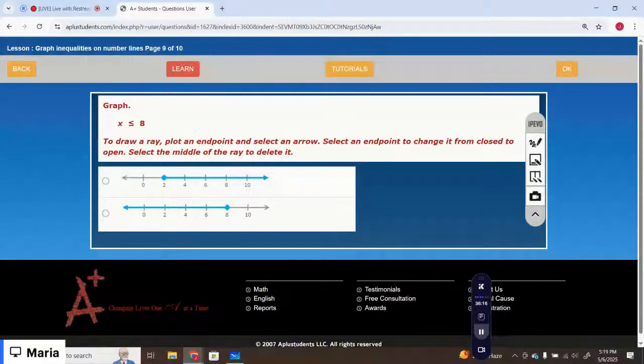X is less than or equal to 8, so which is the correct option? Option number 2 is the correct option, that is X is less than or equal to 8.